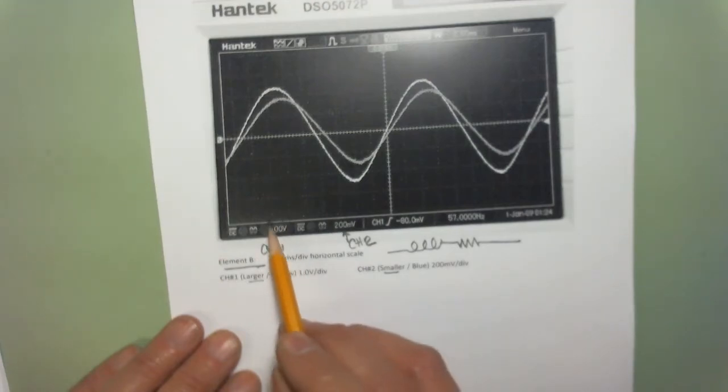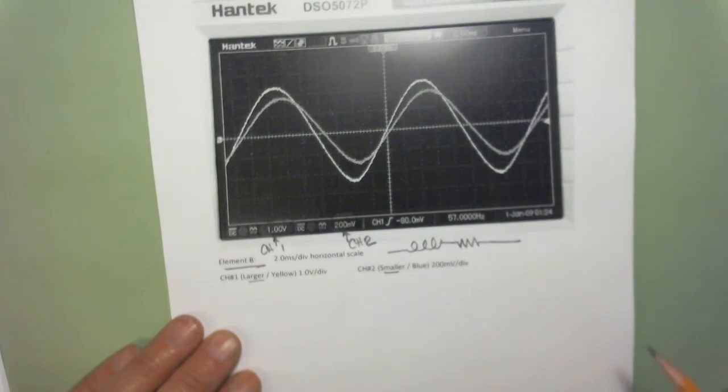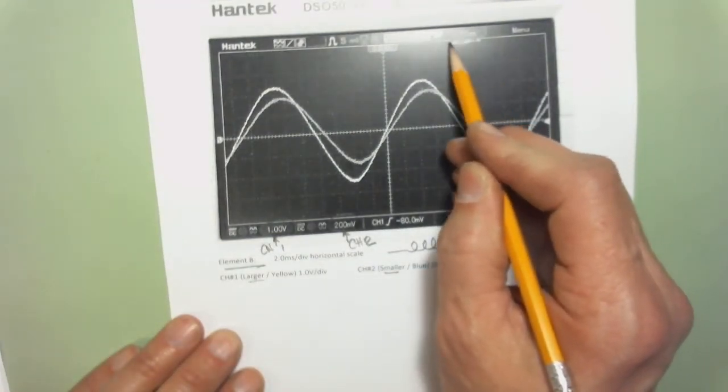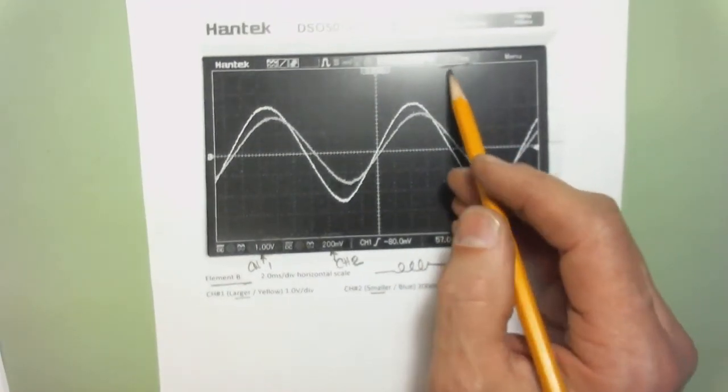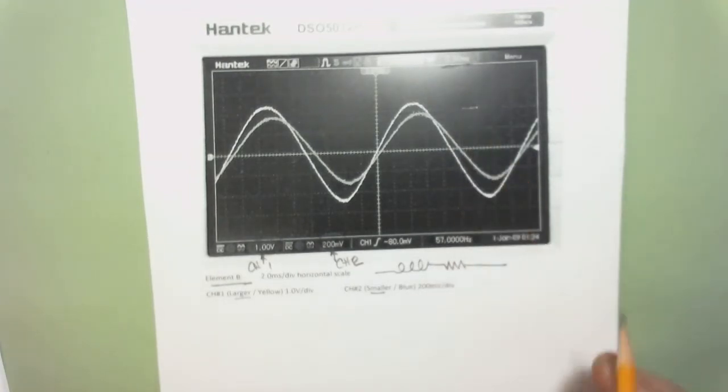So we need to start being very careful with this. While they may look like they're about the same, they certainly are not, because their scale factor is different. We have to be careful of that. Now we're running at the same frequency, so we would expect this distance here, our time base, to be the same. And indeed it is, 0.2 milliseconds per division.